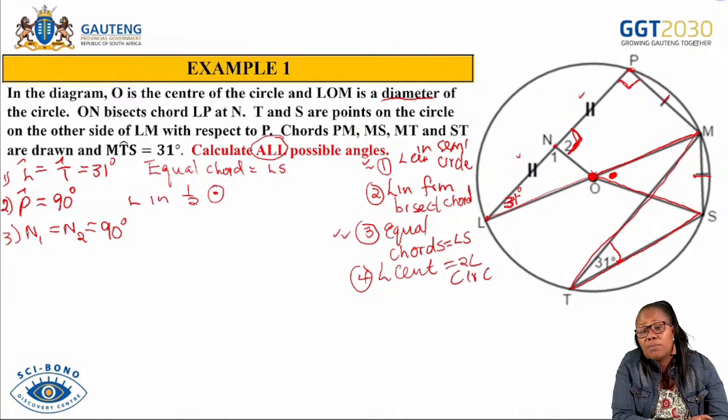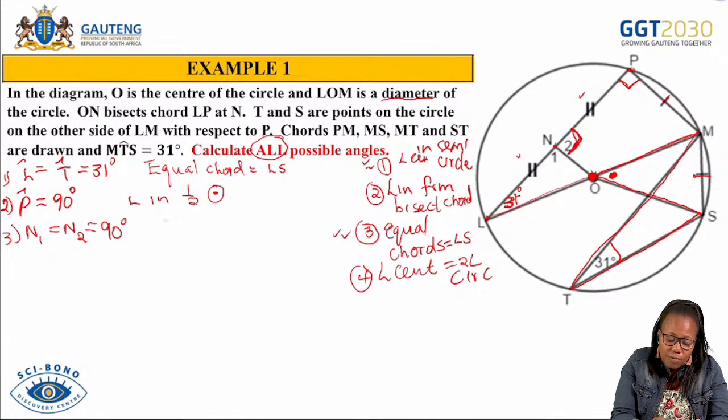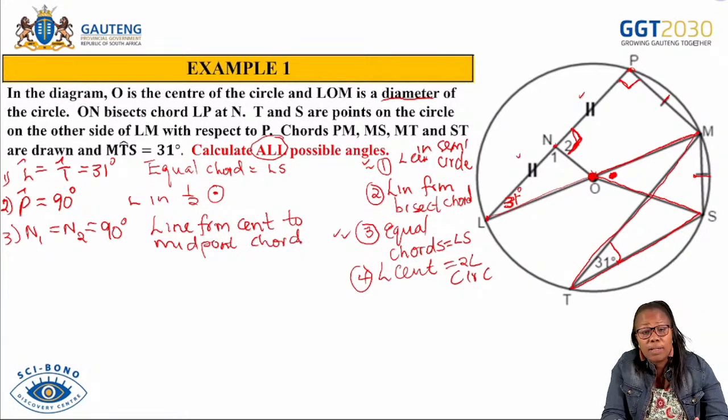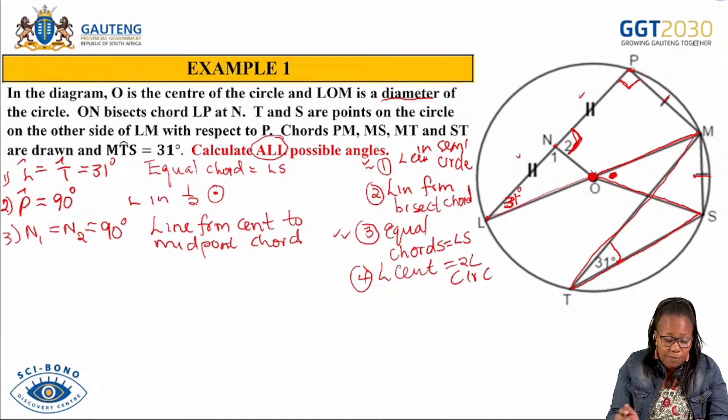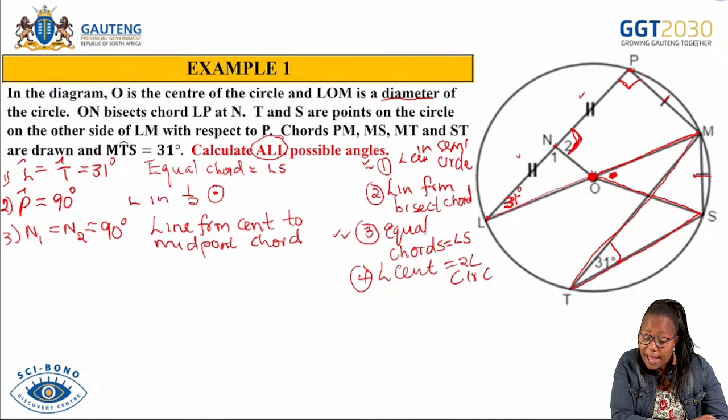What is making them 90 is the line drawn from the center to the midpoint of a chord. That is the theorem that is creating that 90 degrees. Doing very well, grade 12. Let's check other angles that we can calculate now.